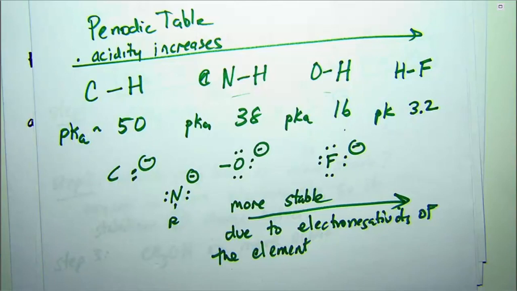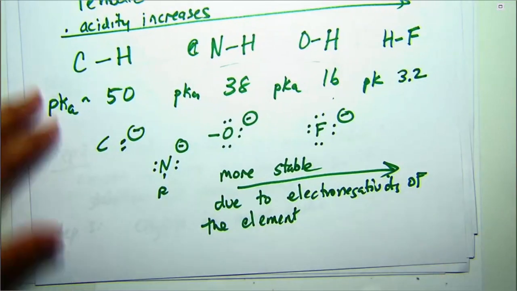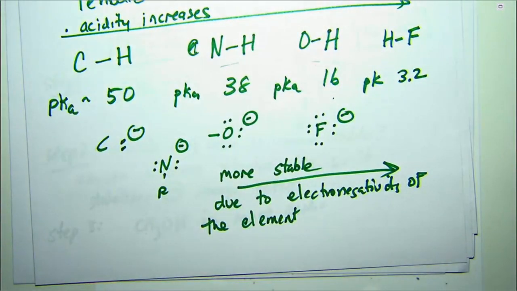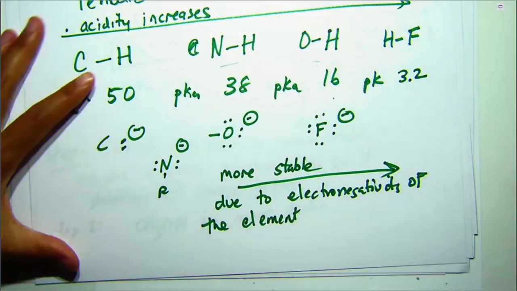So, for example, HF versus HBr. But the trend is a little bit counterintuitive, right? Because you might think, well, all right, Professor Dong, you said that the anion, if it's more electronegative, it's more stable. But if we compare these acids, HF versus HBr, there's actually something more important than electronegativity.